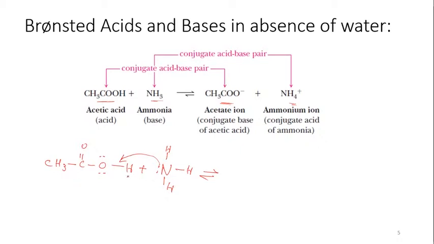But you have to remember, it's wrong to draw an arrow for the hydrogen moving here. We don't draw arrows for the moving of protons. We just draw arrows for the moving of the electrons, okay?